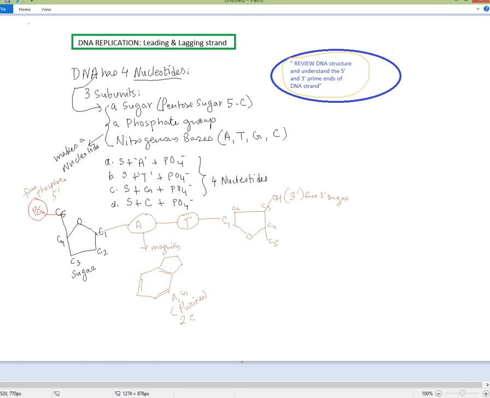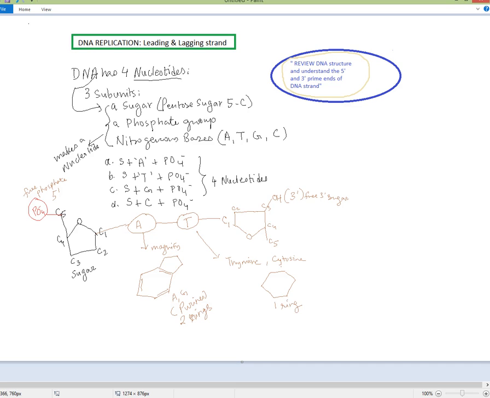Okay, and thymine and cytosine, the structure is like a hexagon. Actually I meant to say purines have 2 rings, and these have 1 ring.